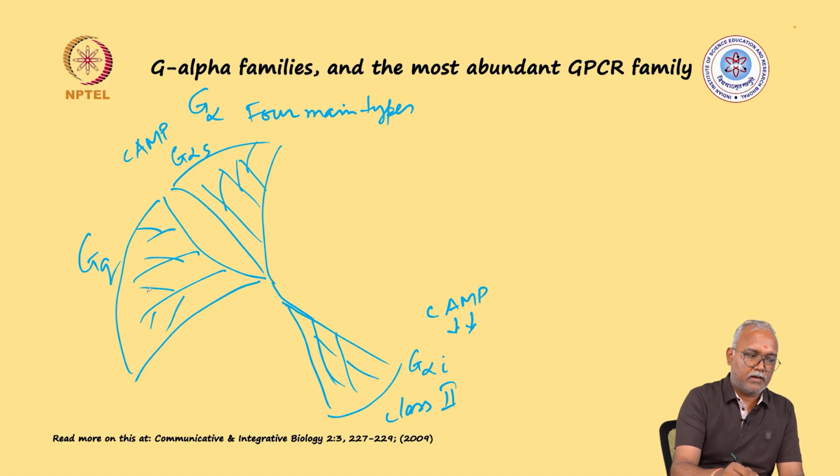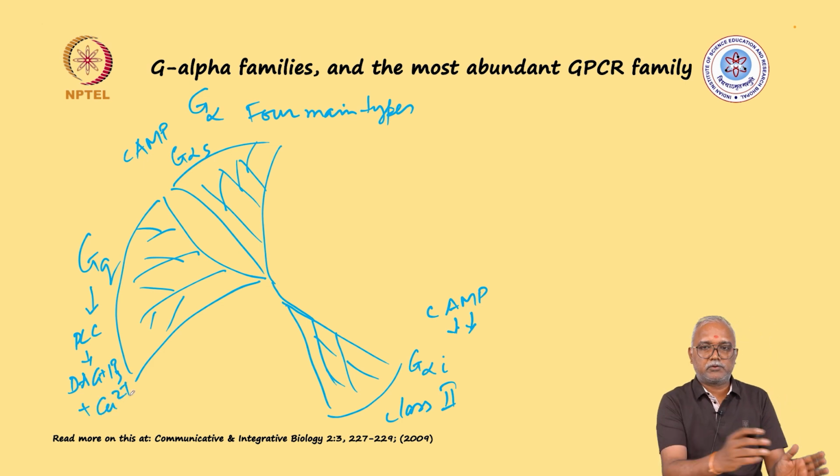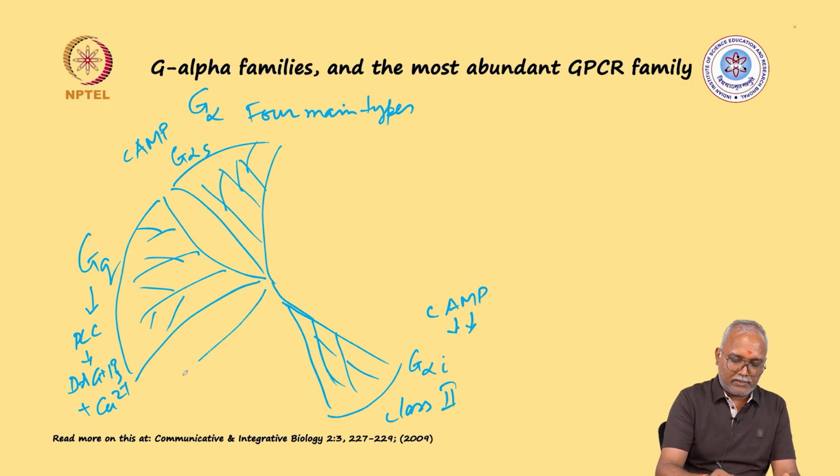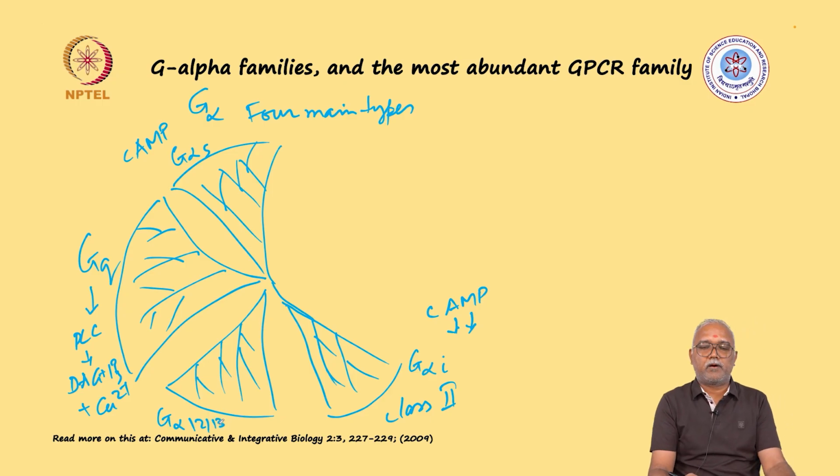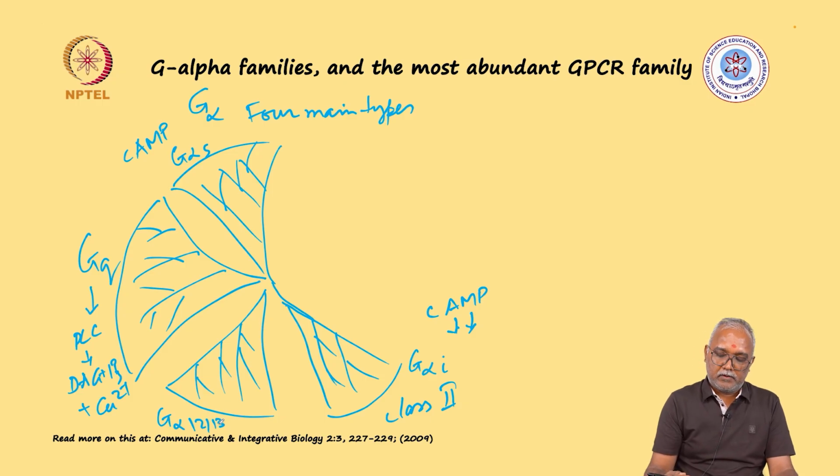Here G alpha Q is responding through PLC, DAG, IP3 and calcium. So this is one cluster. And then you have additionally the cluster which is G alpha 12-13, and we have just seen how they are important for metabolism and ensuring that RhoA kinase activity is activated and the actin cytoskeleton is regulated accordingly.